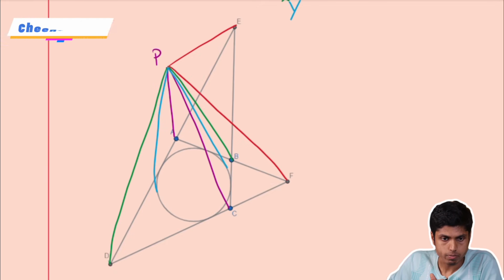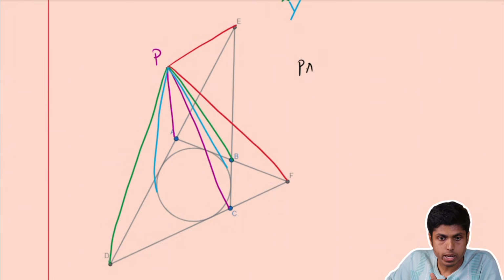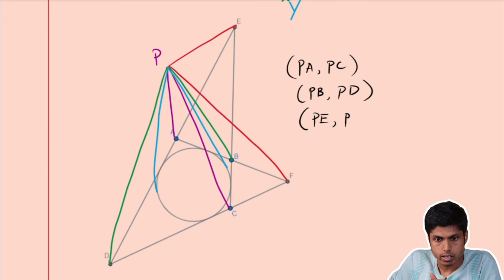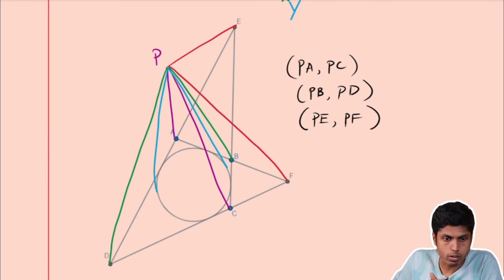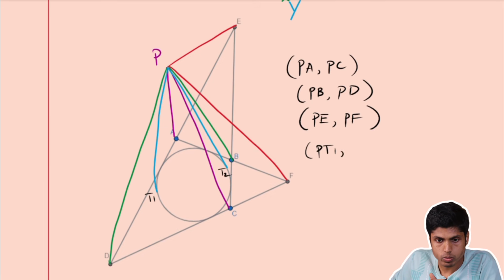So now we have PA-PC, PB-PD and PE-PF, and the two tangents, let's call them T1 and T2, PT1, PT2 are involution pairs.